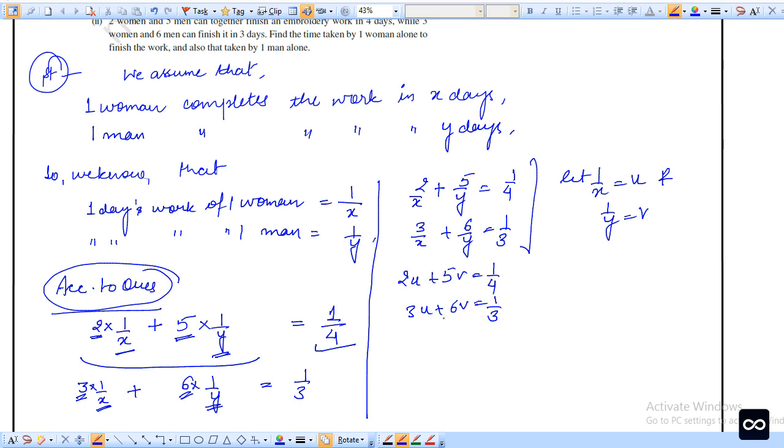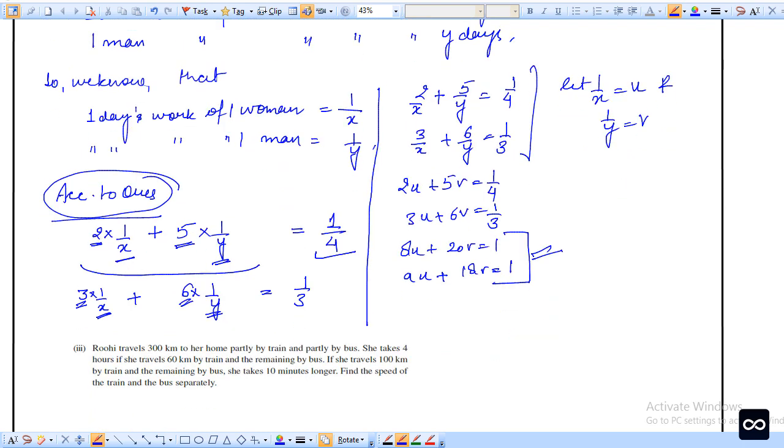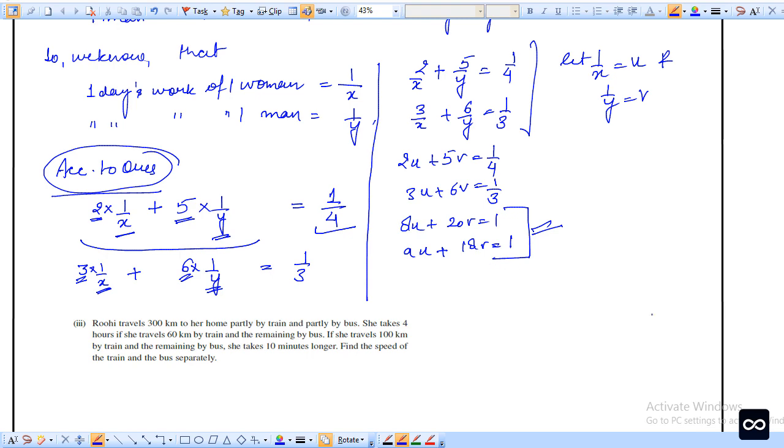Once we have this cross multiplication, 8U plus 20V is equal to 1 and 9U plus 18V is equal to 1. We have these two final equations. You people know how to solve these equations, right?